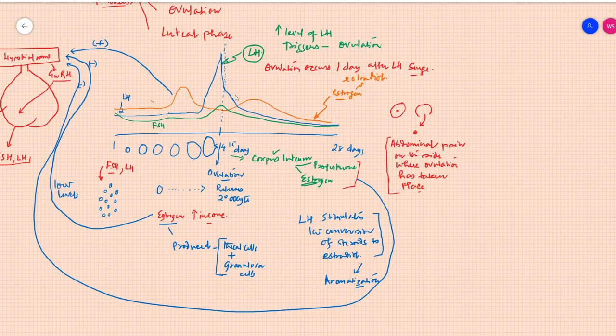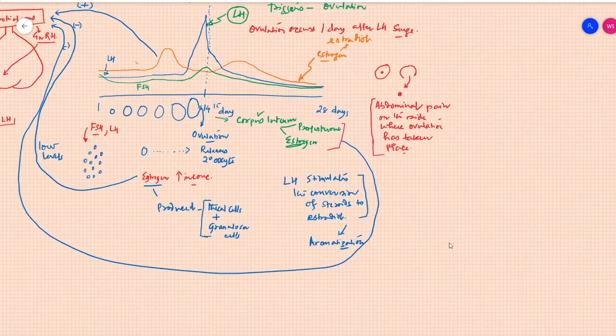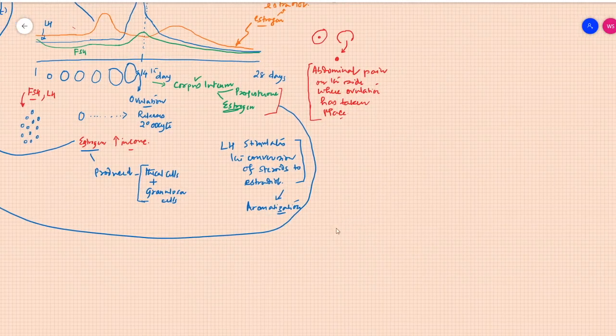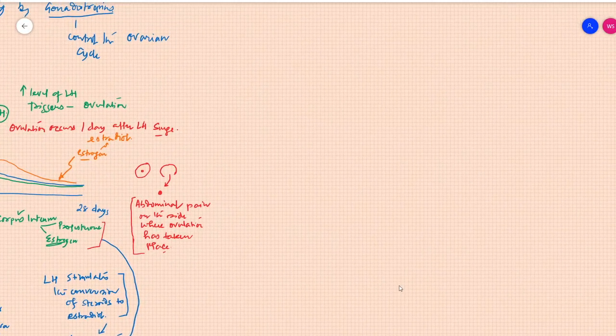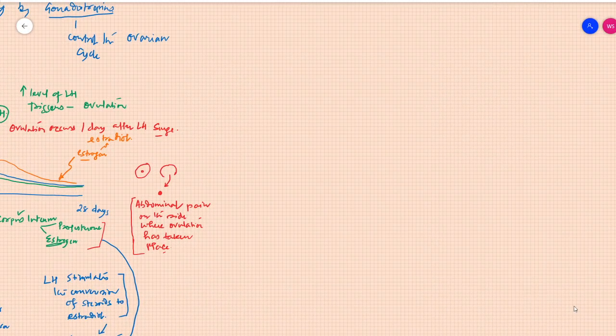All right. So these are the hormonal effects that are seen in the ovarian cycle. At this time, what is happening in the uterus? So let's draw a picture of the uterus so that we are orientated as to where we are.